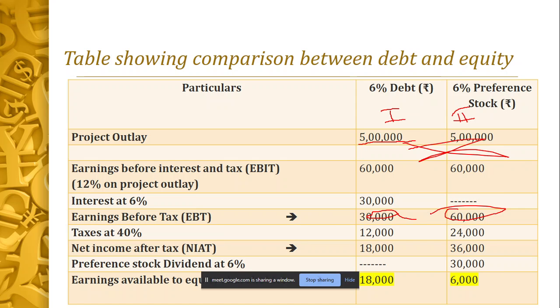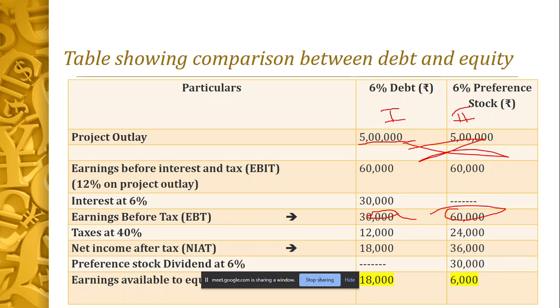Usually when the tax rate is not given, the general corporate tax rate will have to be assumed, and when you are solving the problem, you will have to give a note saying that since the tax rate has not been mentioned, we have taken the general rate that has to be paid by any corporate organization.